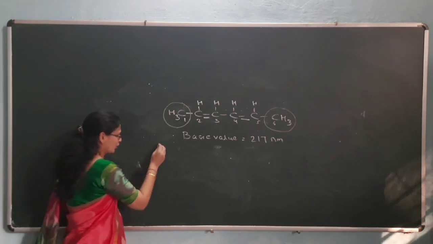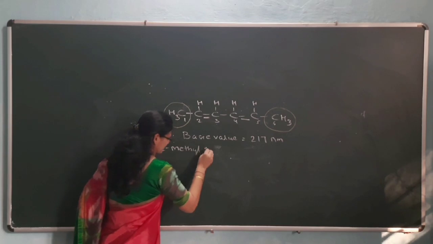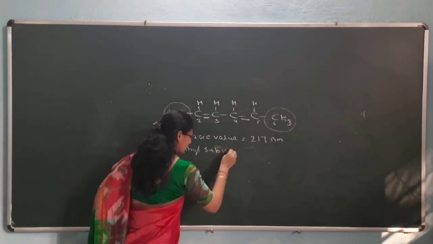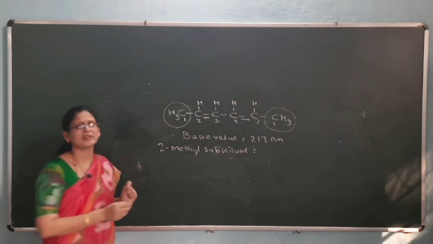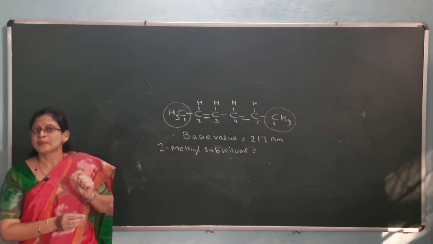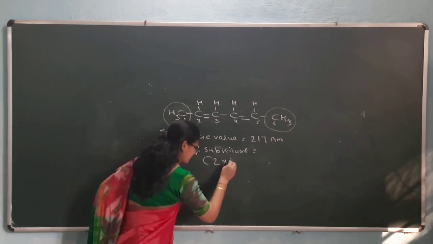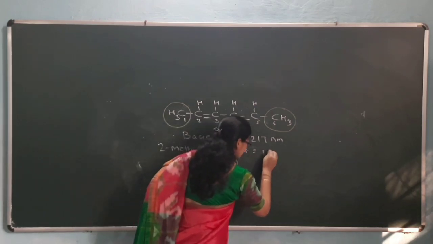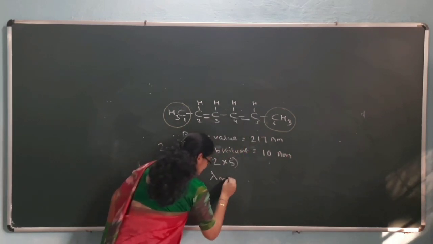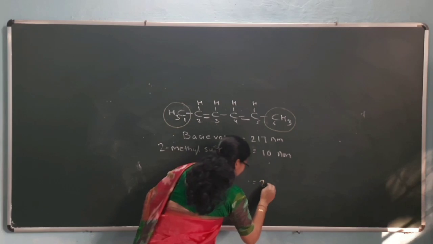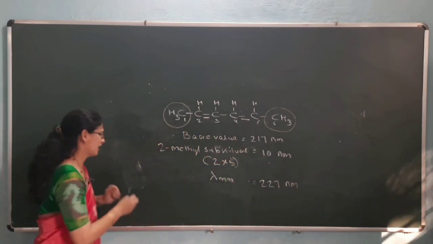So write 2 methyl substituents. For each methyl substituent the value is plus 5 nanometer. So 2 into 5, 10 nanometer. So the total calculated lambda max here is 227 nanometer.